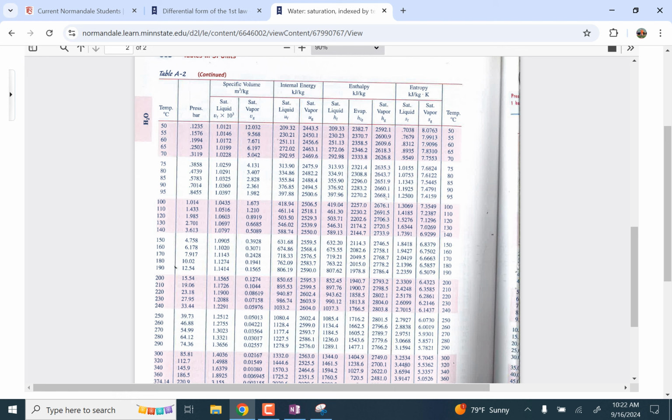And so we'll go down to 100. And what we see is in bar, that's 1.01. So that's 1.01 times 10 to the 5th pascals. So the only pressure where saturation occurs at 100 degrees Celsius is atmospheric pressure.